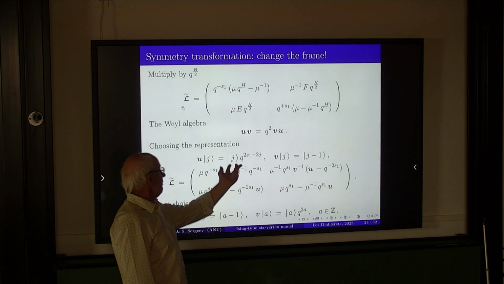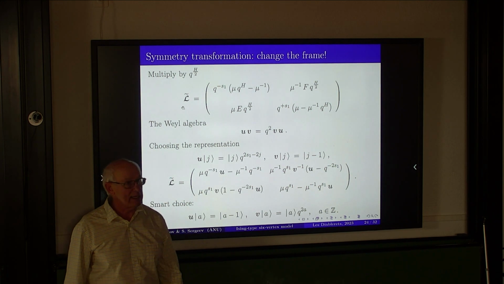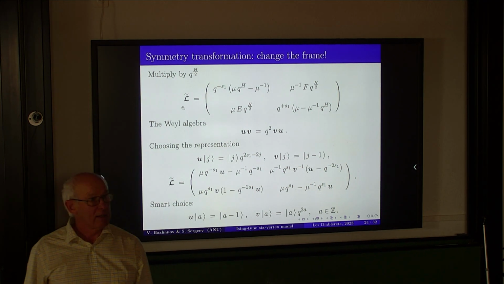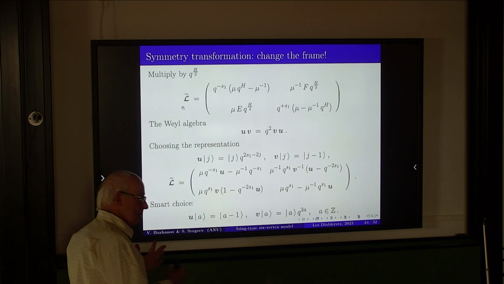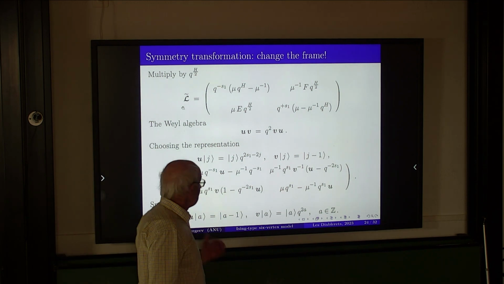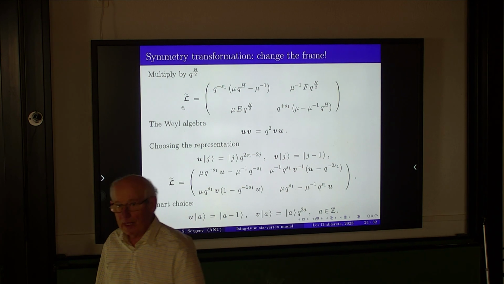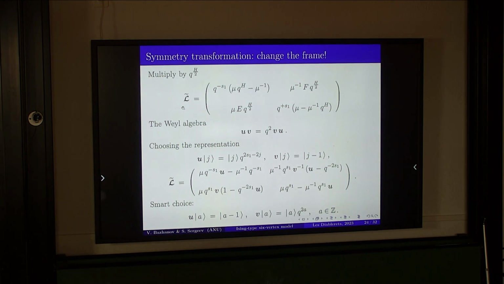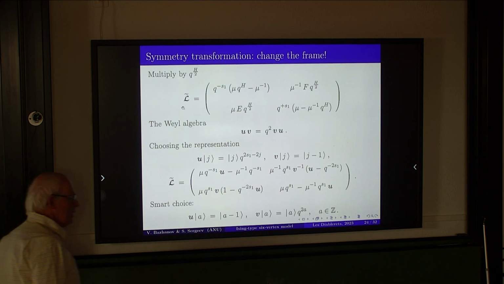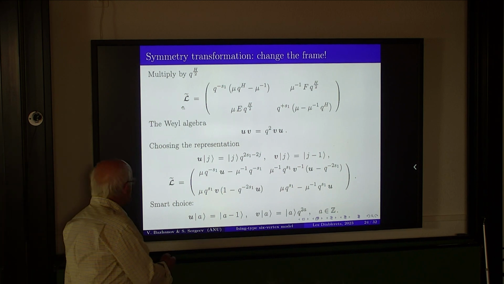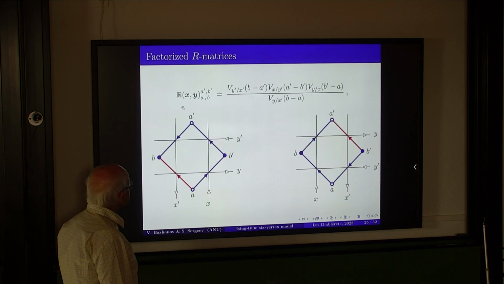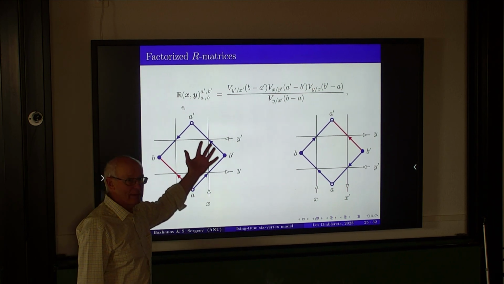But now take a different representation of this Weyl algebra. Make q to the h, which is a Cartan element, not diagonal, but the shift operator. Could we do that? Of course we can. Could we now solve the equation? And fortunately we can. And the answer is factorized.